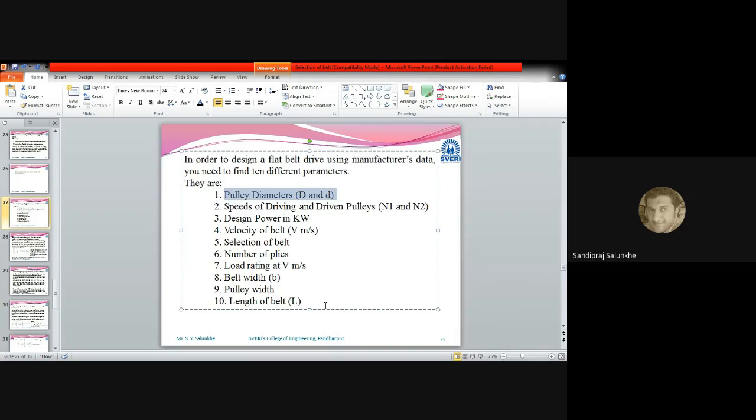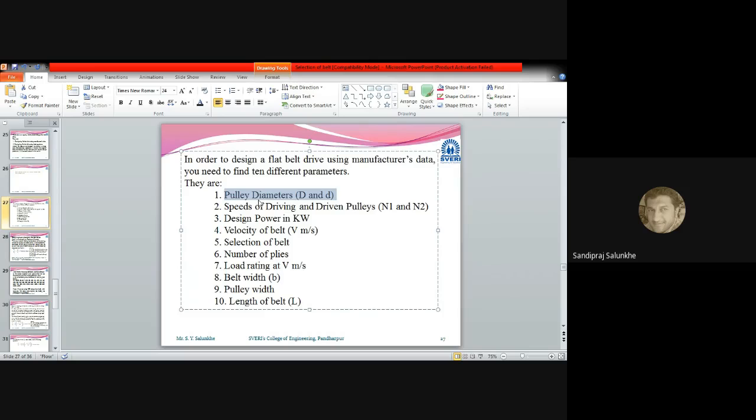So what it means is that 5 number belt is a specific number which has been given for the particular belt, and dimensions as well as length as well as center distance is fixed for that particular belt. Likewise, we are going to select belt from the manufacturer's catalog. And who is going to decide that number of belt? That is the specific numbering which is given to the belt. Who is going to decide? These steps are going to decide.